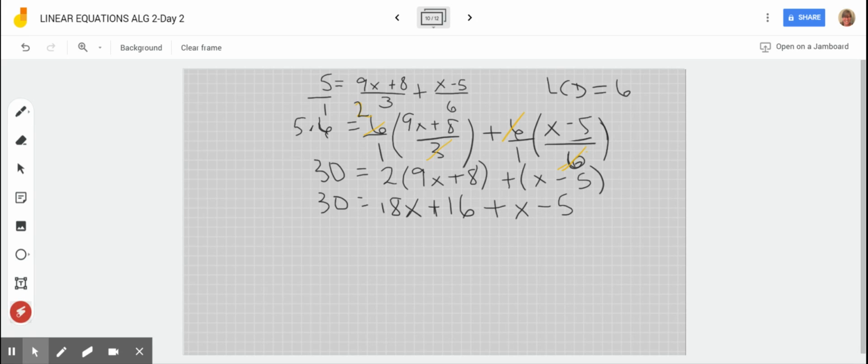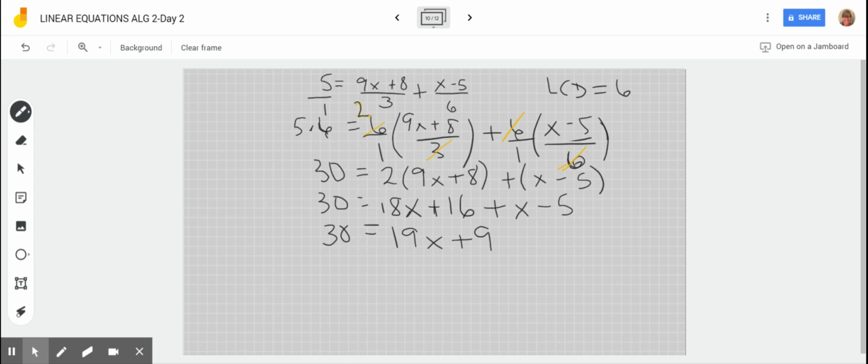Okay, combine like terms on the same side. 18x plus 1x is 19x. 16 minus 5 is plus 9.